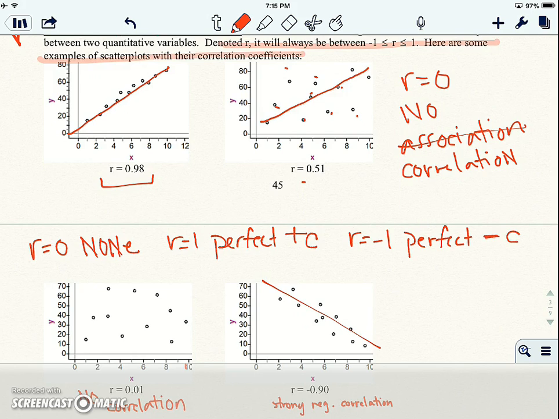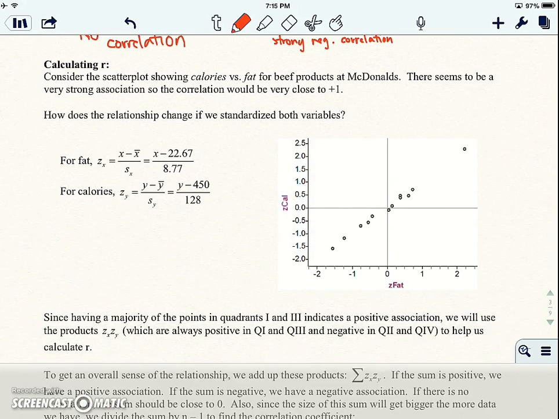Okay, and we'll look at some more of those. All right, there are ways to calculate R. Looking at the scatter plot showing calories versus fat for the beef products at McDonald's, there seems to be a very strong association, so the correlation would be very close to 1. Notice I could draw on a line.